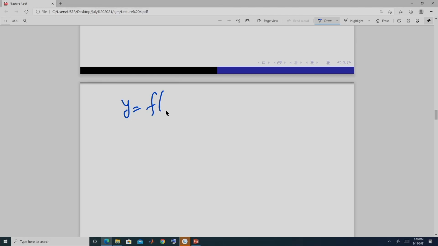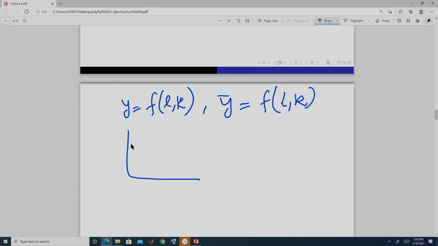And what we can do, since we have this production function, is fix the level of output at y bar and find all the combinations of L and K which give me this output. Suppose we assume that the technology is convex, we get a combination like this.